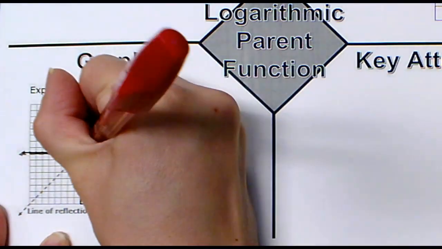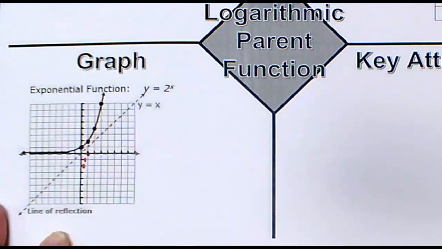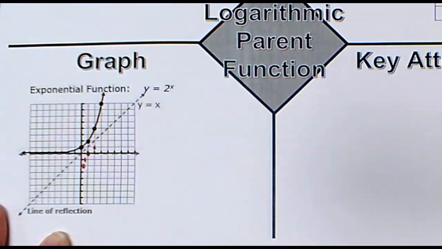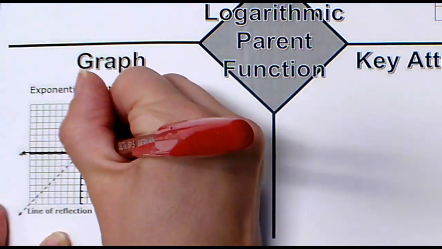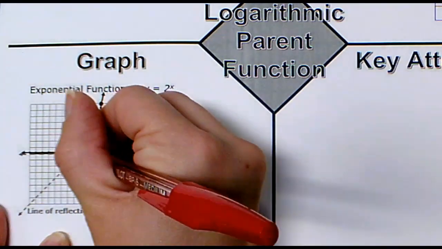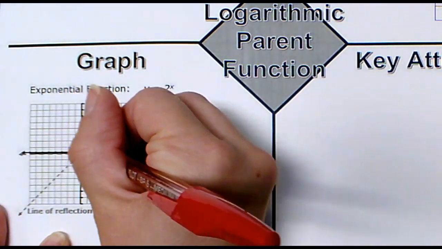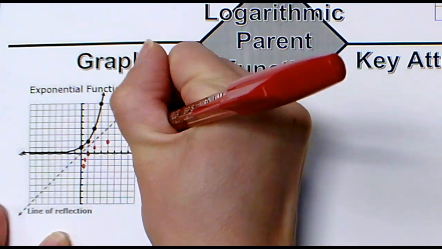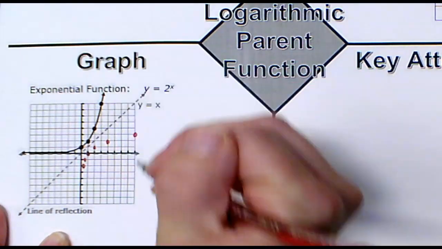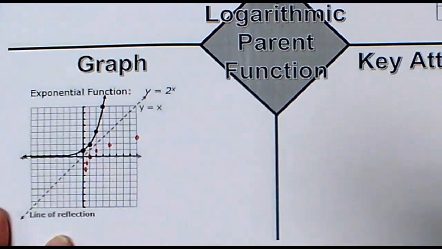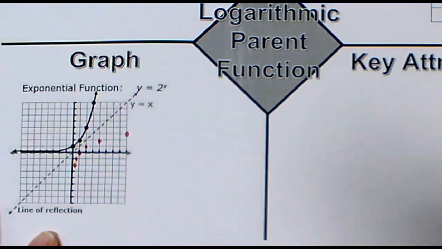1, 0, right here. 2, 1, right here. 4, 2: 1, 2, 3, 4, up 2. And then 8, 3: 1, 2, 3, 4, 5, 6, 7, 8, then up 3. So there's my logarithmic parent function with a base of 2.